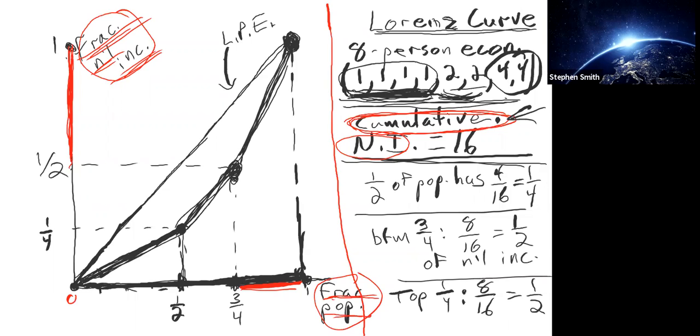These run from 0 to 1 in both cases. We remember that what we're doing is cumulative, or else we don't have what we're looking for, and we use all the data that we have. If we do that, we have 3, not 2, but 3 line segments here, because there are 3 different incomes that people have in this economy.